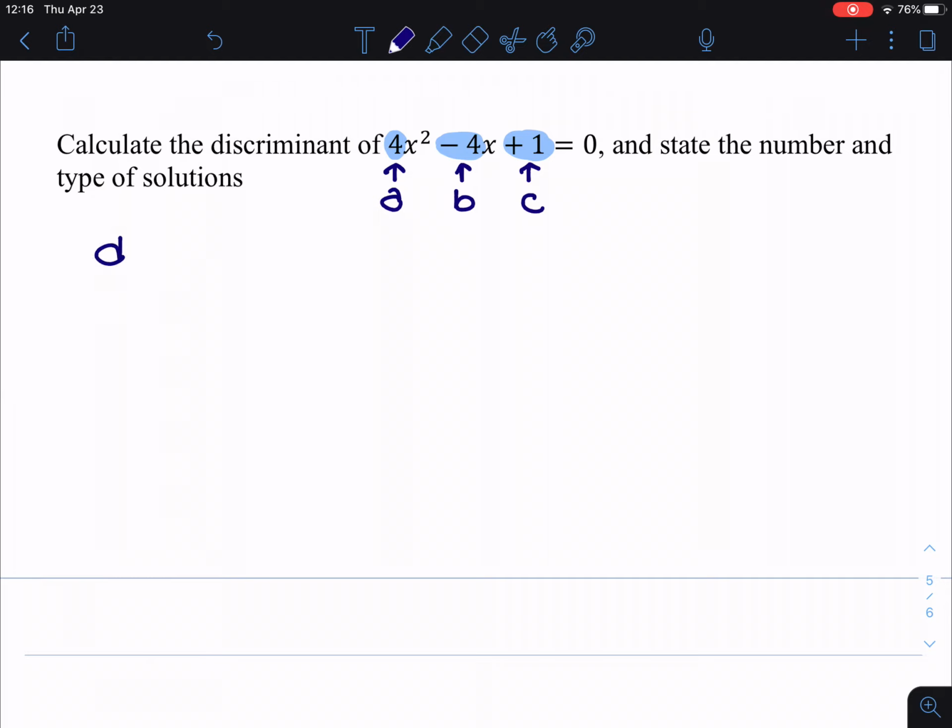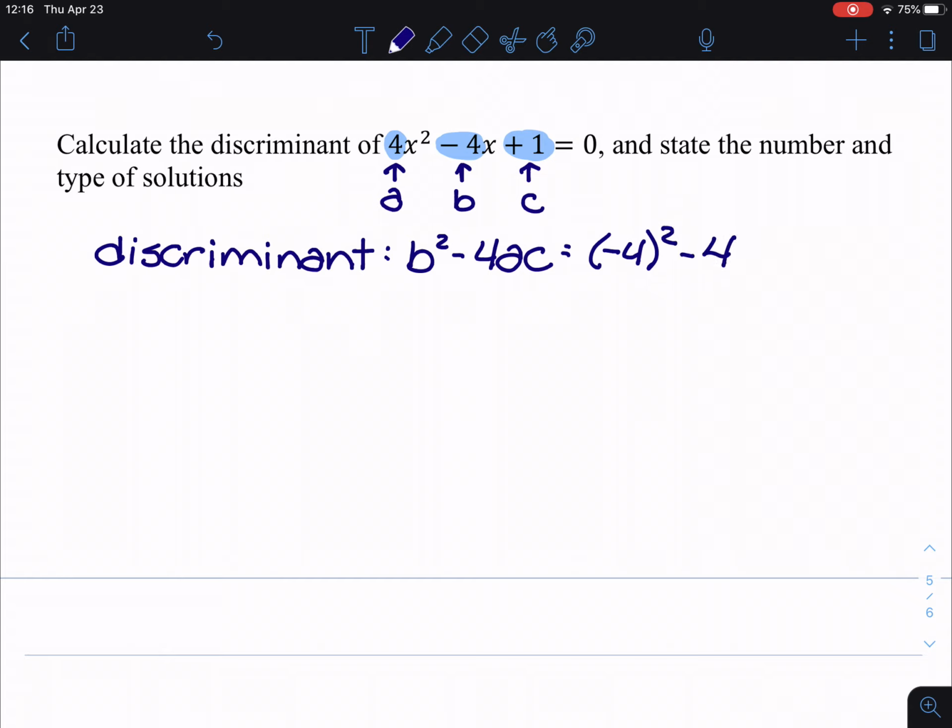So when I calculate out the discriminant, which is b squared minus 4 times a times c, okay, that means I'm going to take my b, which is -4, and I square that, minus 4 times a, which is 4, and c, which is 1. Okay.